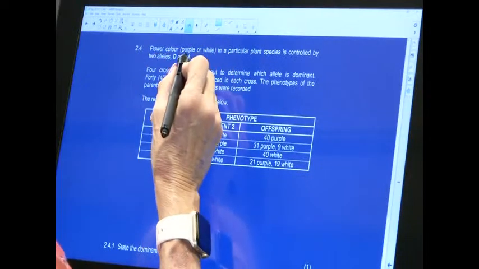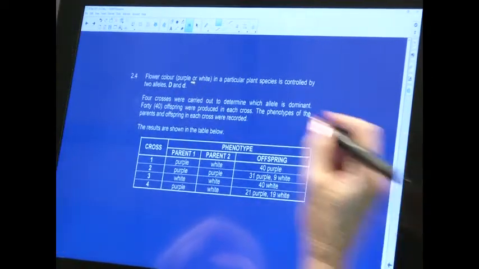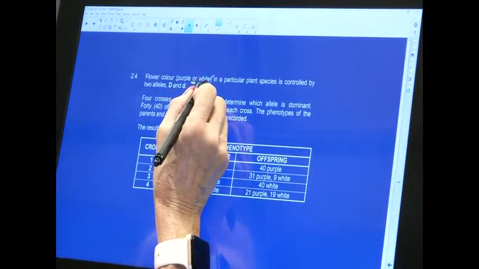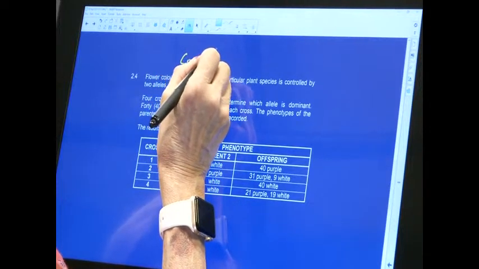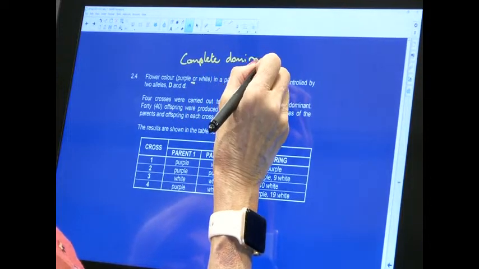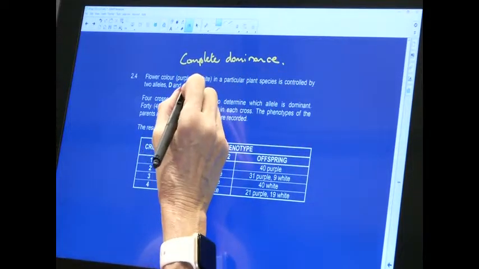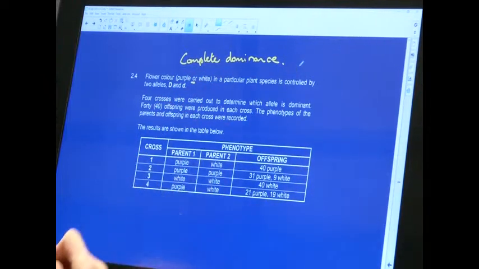All right, so here we got genetics, yay. Okay, the flower color, purple or white. Alrighty, now people, there's your first clue. If it's purple or white, they are telling you that this is complete dominance. If they said purple, mauve and white, then it would have been incomplete dominance.